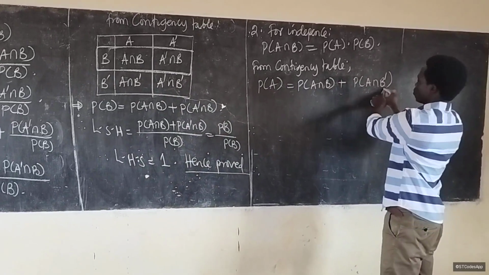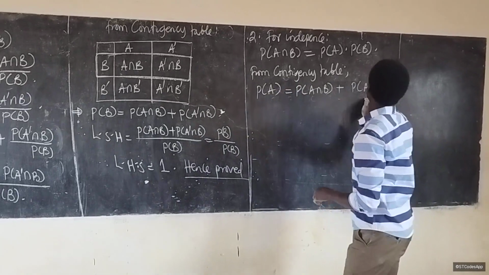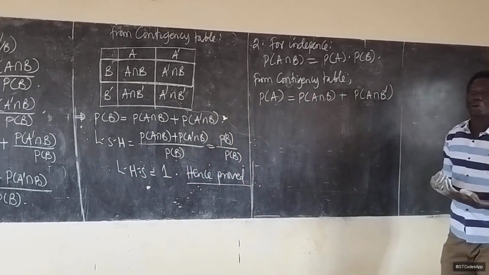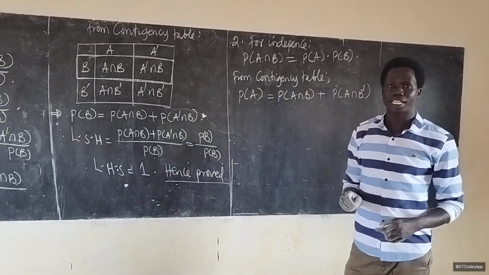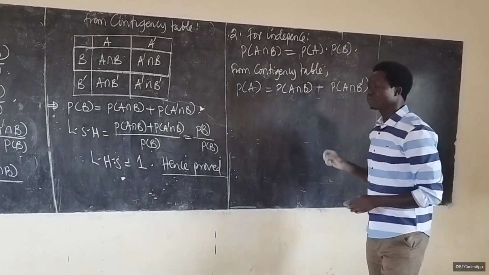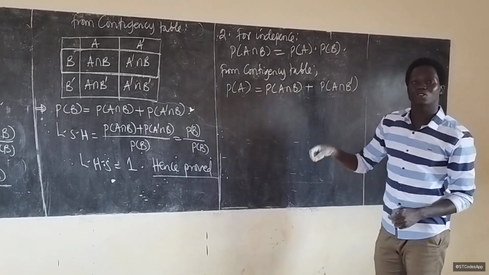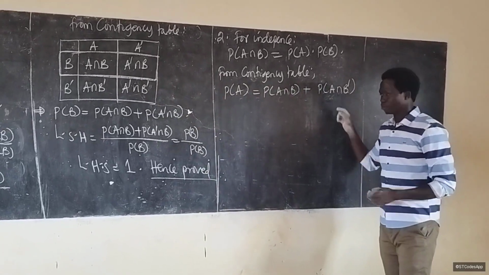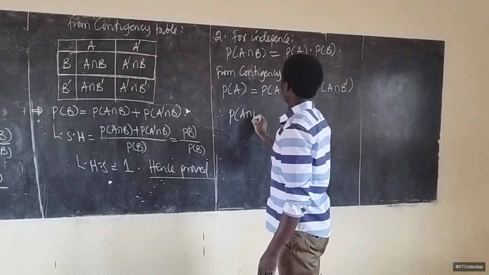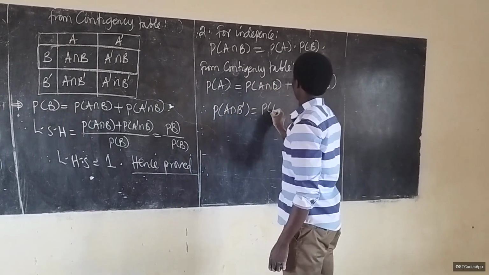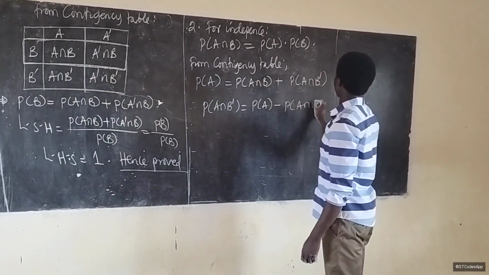If A and B prime are independent, then we have to show that probability of A intersecting B prime is equal to probability of A times probability of B prime. So therefore, probability of A intersecting B prime is equal to probability of A minus probability of A intersecting B.